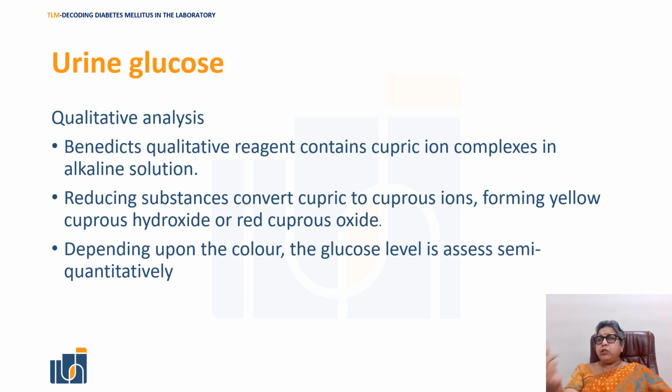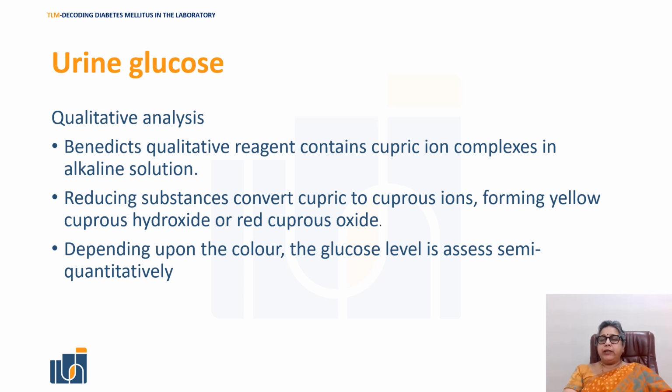And depending upon the change in color from blue to red, we say it is 1 plus, 2 plus, 3 plus, and 4 plus. So this was the method that was used, and we used to only give a qualitative report. Many labs are still using that.